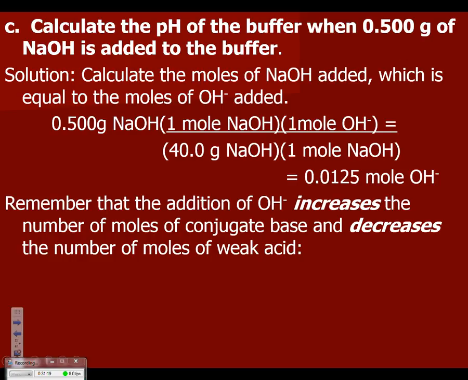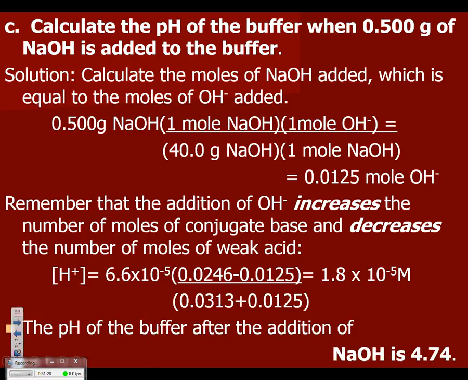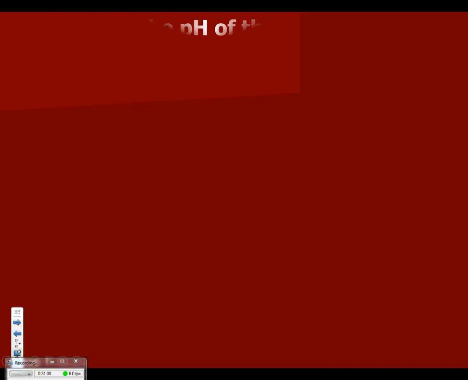So I do that really quickly, plug it in, and I get my answer for my H+. So now my pH has gone up a little bit. Remember, it's up a little bit more because I added a lot more. It's still trying to keep it in the range.